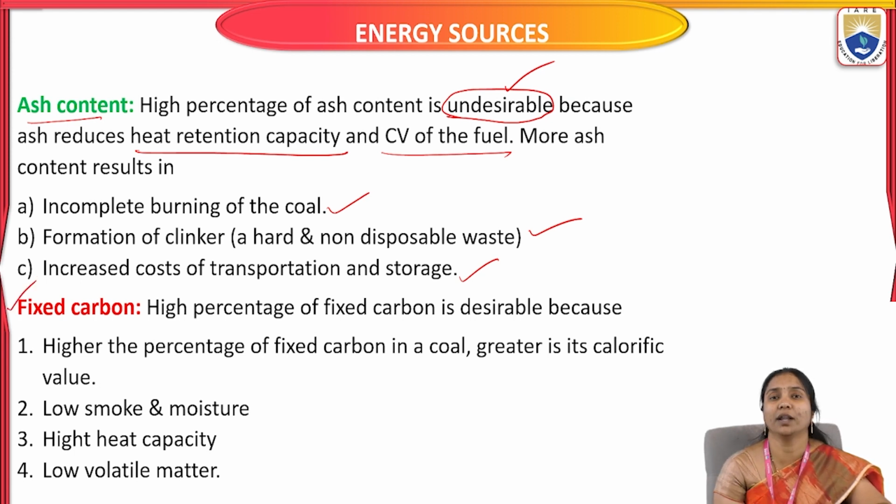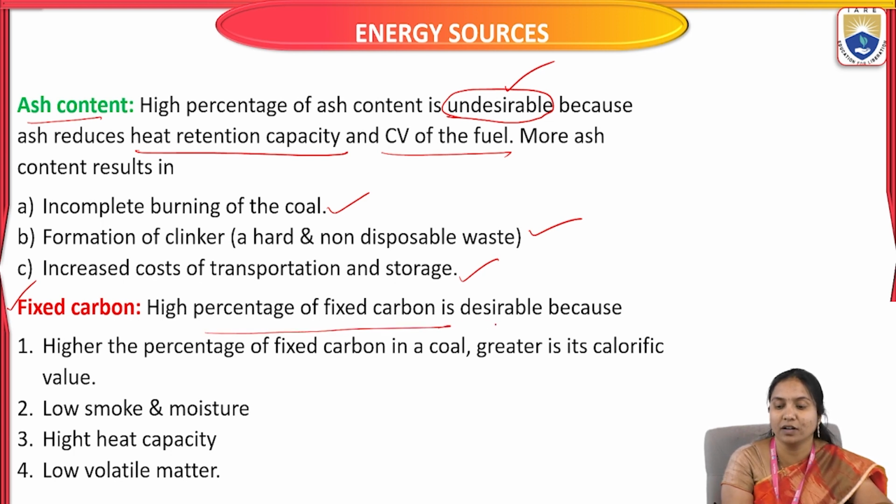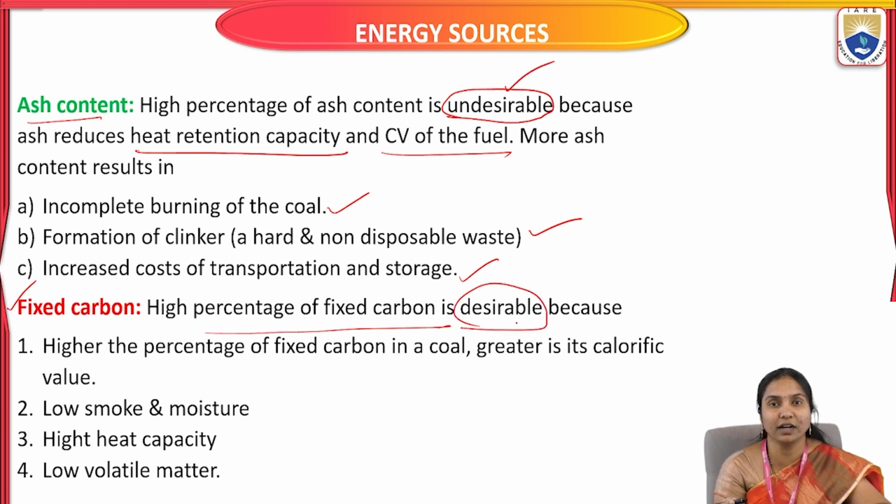So already we know that carbon is a main constituent of fuel. It is a basic combustible material in this fuel. So good fuel always contains a high percentage of carbon because it increases the calorific value. So here a high percentage of fixed carbon is desirable, because the higher the percentage of fixed carbon in coal, the greater the calorific value.